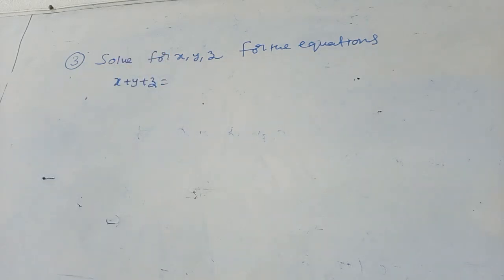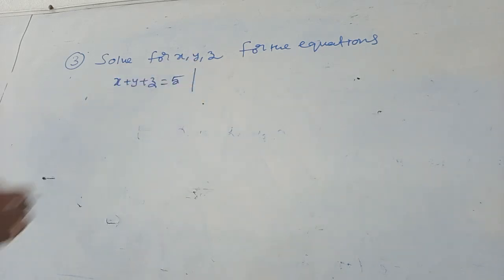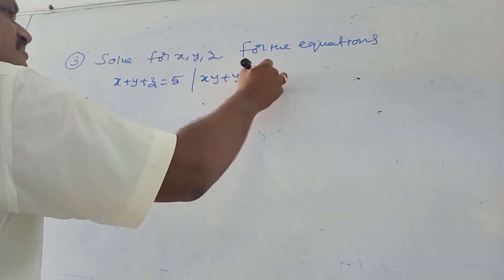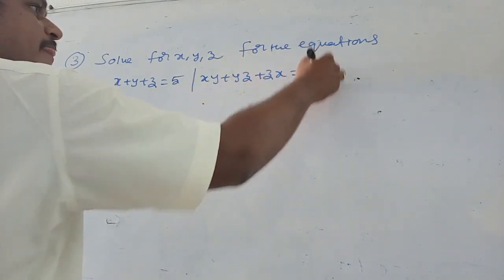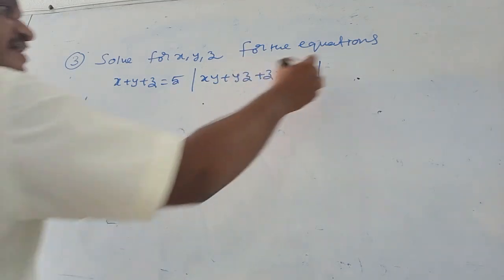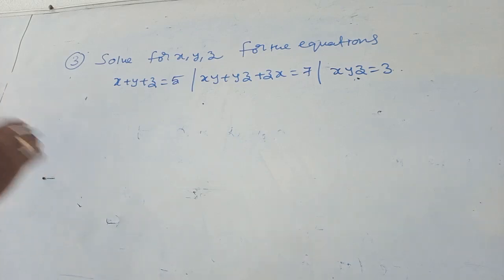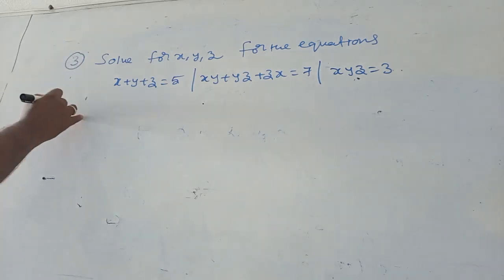One is x plus y plus z is equal to 5, another one is xy plus yz plus zx is equal to 7. Next, xyz is equal to 3. These three equations are given, and we need to find the values of x, y, z.